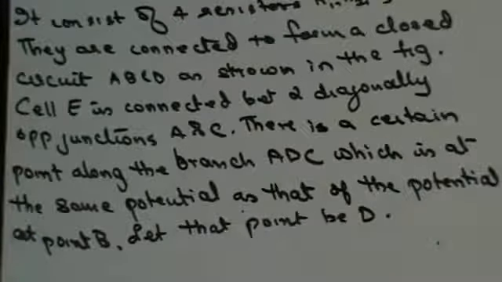That means if point D and point B are at the same potential, and if I connect a galvanometer across them, the galvanometer should show zero deflection.